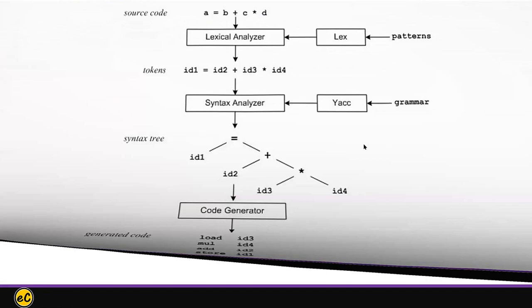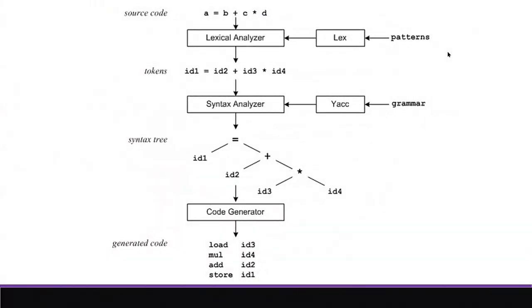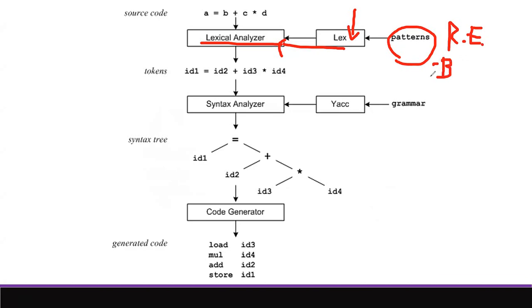Okay, and the purpose of this software is that you take an expression and you would like to generate a lexical analyzer. So you would use Lex and then use the patterns to generate the lexical analyzer. This we call a regular expression, or sometimes we call it extended Backus-Naur form. Actually these two are similar.